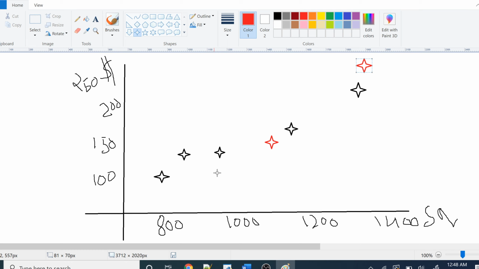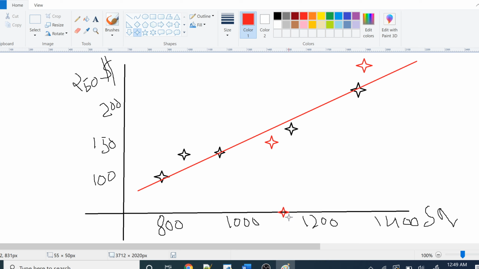So rather than predicting an individual data point with respect to the historical data points, I'm going to propose a solution where I draw a line in such a way that this line goes through most of the data points as close as possible, so that I will get the predictions based on this line.